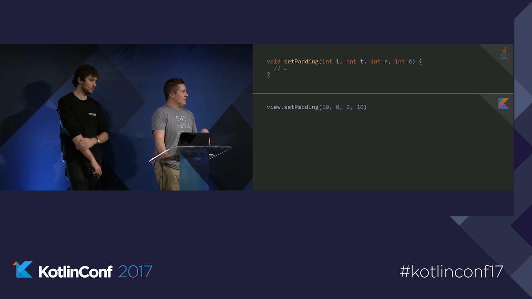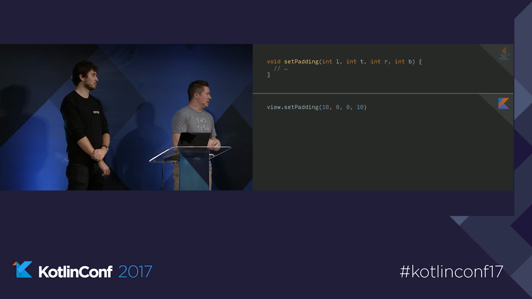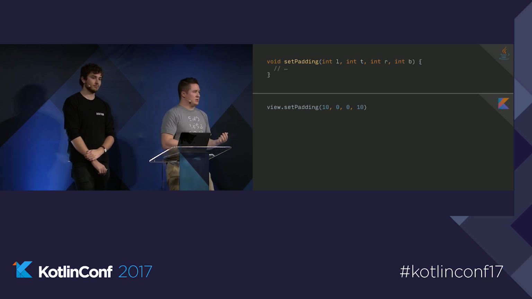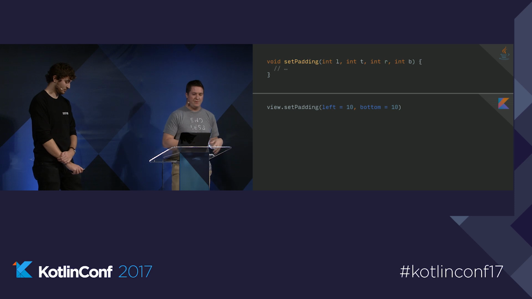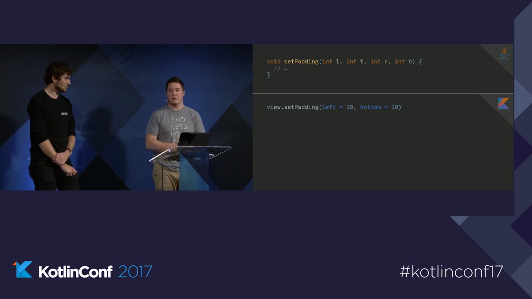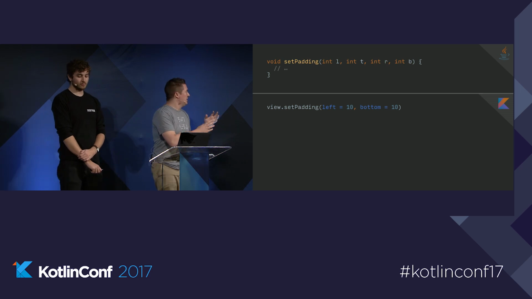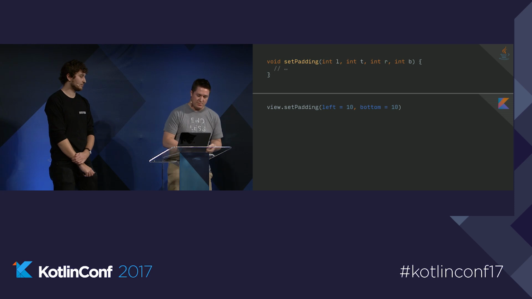Well, if you were able to take the class file that's the result of compiling this plain Java method and add this metadata annotation to it, you can contribute things like default parameters, default values, or named parameters. And that would allow you to change the Kotlin calling convention to feel more idiomatic by using those language features. And you can do this without actually changing the Java source file or having to actually rewrite it in Kotlin.